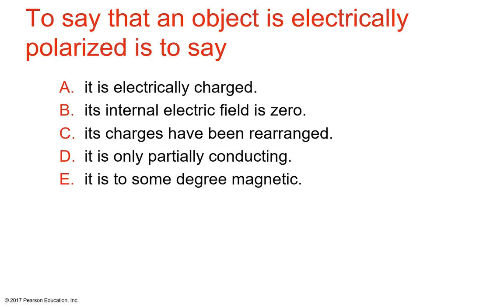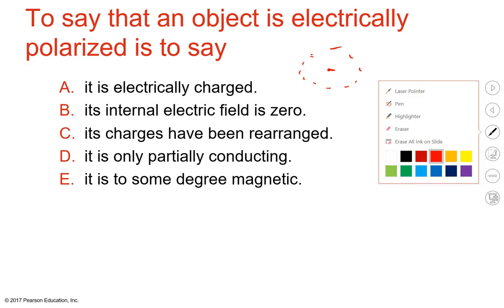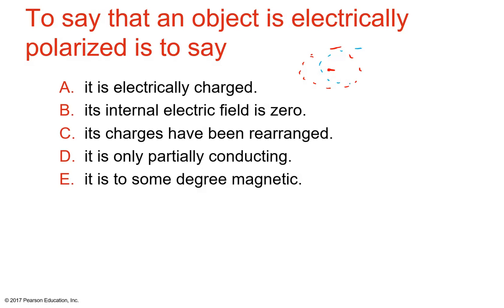Electrically polarized, that was when we had the charge distribution switch. Remember we had the picture that had the negative charges with their center here and the positive charges shifted, with their center over here, and that was electrically polarized. That was how we were able to stick the balloons to the wall, because you rubbed it on your hair to get it charged up.